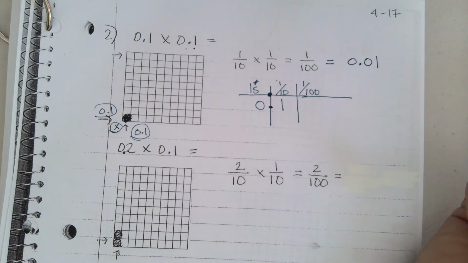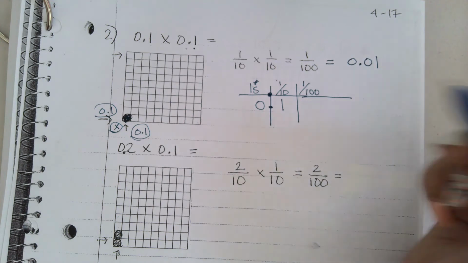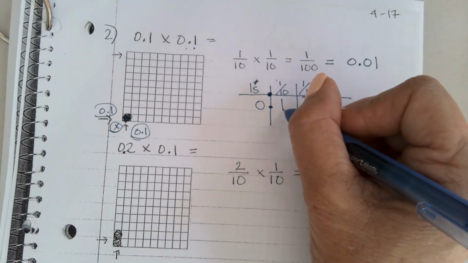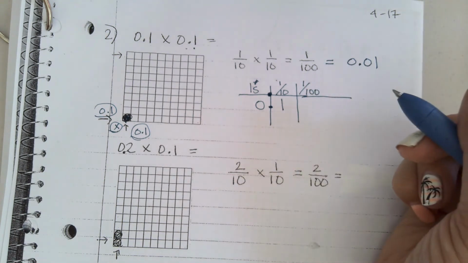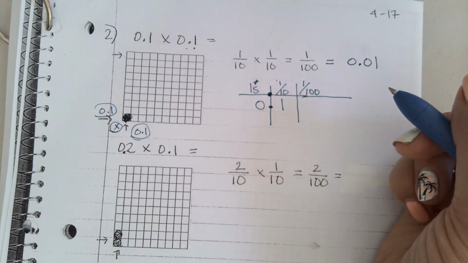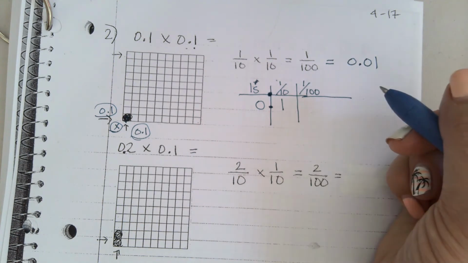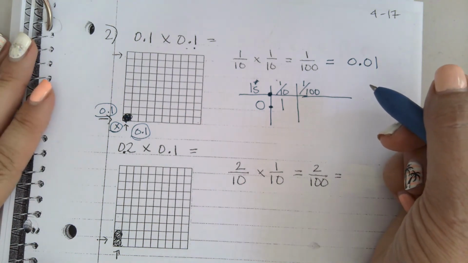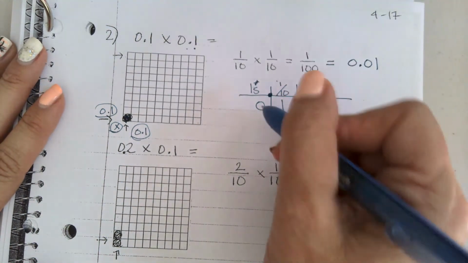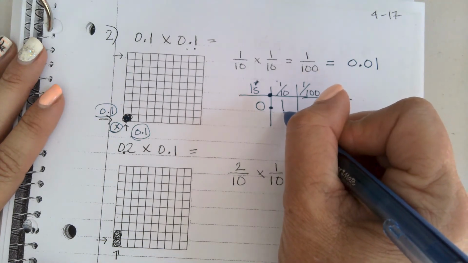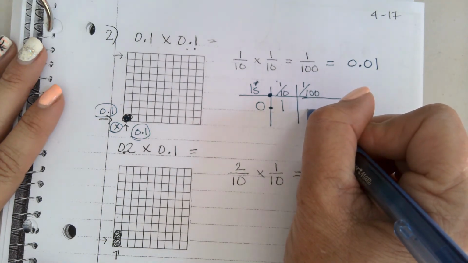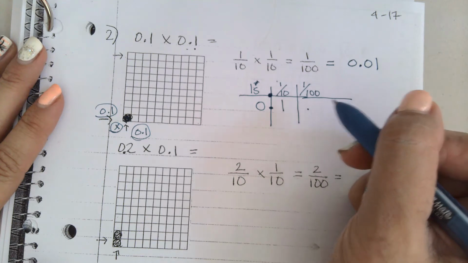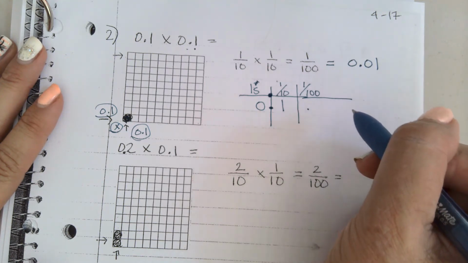All right, so what happened to the digit 1 that we started with in the 10ths place when we took 1/10 of it? So now we're going to take 1/10 of 1. What's going to happen to it? 1/10 of 1. Well, the digit shifted one place to the right. So now this digit is going to shift one place to the right again. So we are taking a part of 1/10.